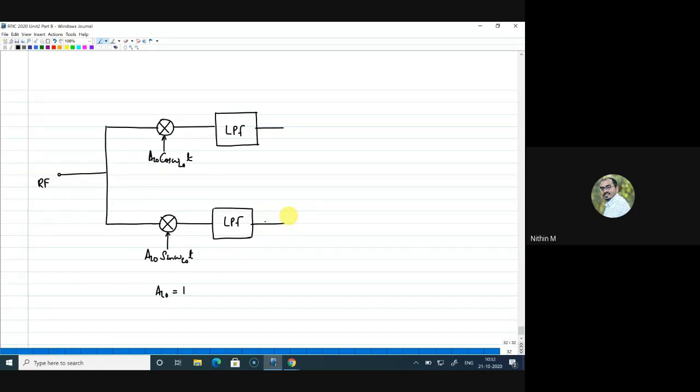We just have drawn only the difference component. So if I mark this as omega c, we'll get omega c plus or minus omega LO components, but we are looking only for the omega c minus omega LO component. Since for the signal it is low side injection, our intermediate frequency of interest will be equal to omega c minus omega LO.